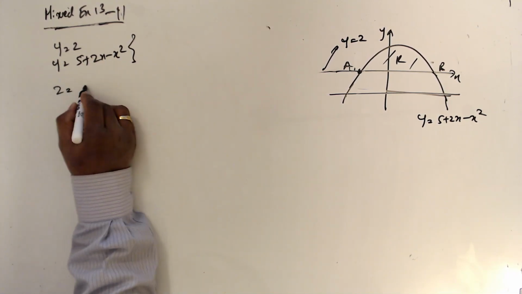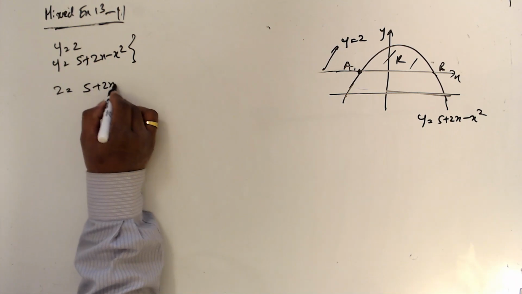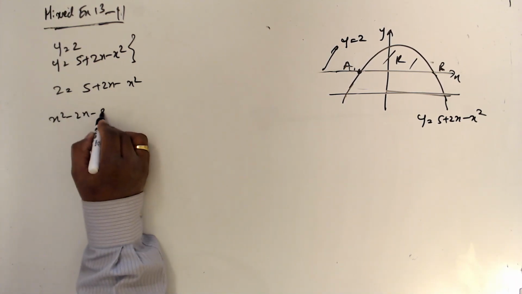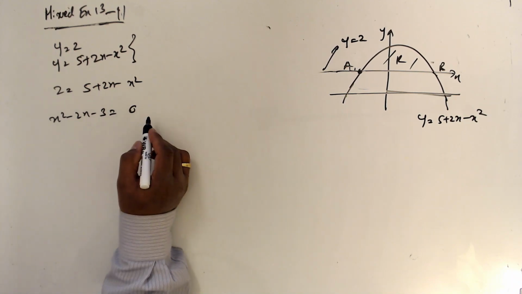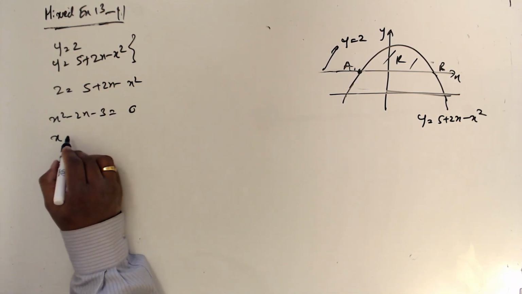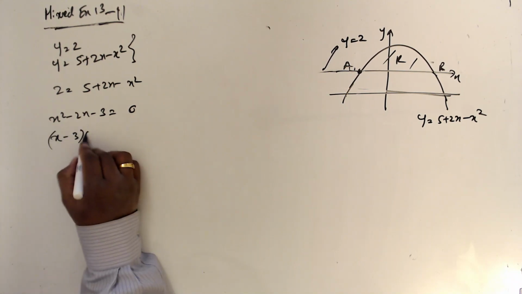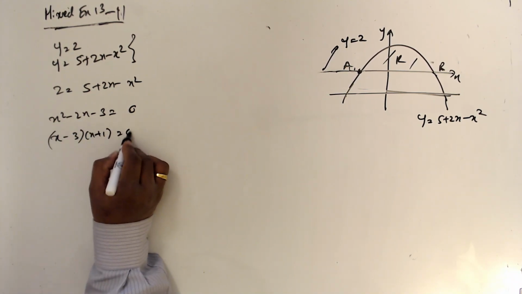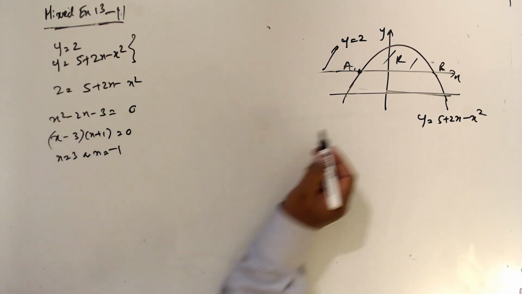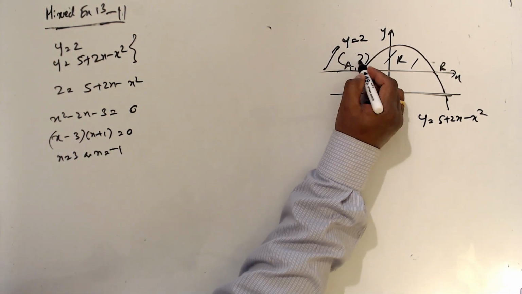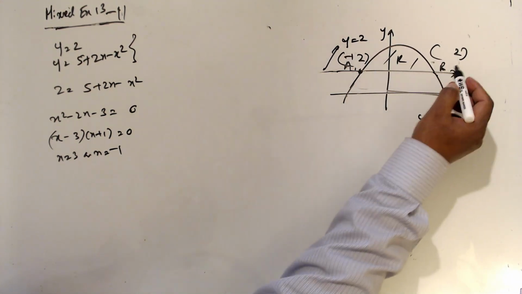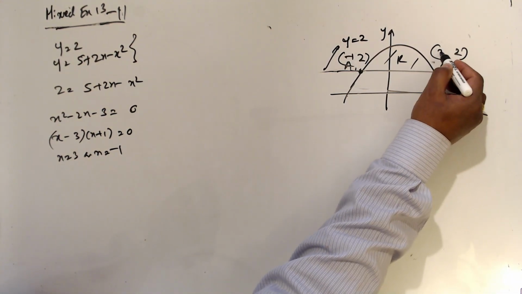So 2 equals 5 plus 2x minus x squared, then x squared minus 2x minus 3 equals 0. So this is (x minus 3)(x plus 1) equals 0, x equals 3 or x equals minus 1. The y value is 2 here, this is minus 1 and this is 3.